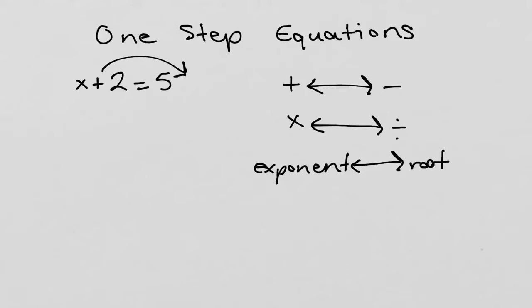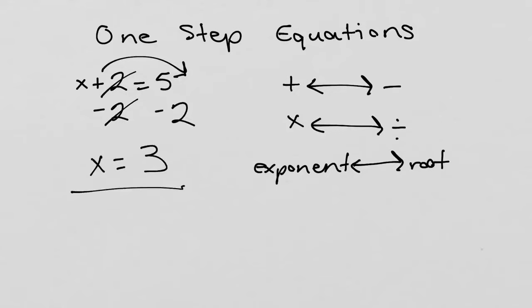We know the opposite operation of addition is subtraction, so we will subtract 2 from both sides. Once the opposite operation is done, those two numbers simply cancel out. So here, the 2 cancels out. 5 minus 2 is 3, so x will be equal to 3.